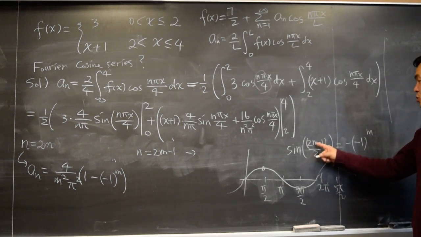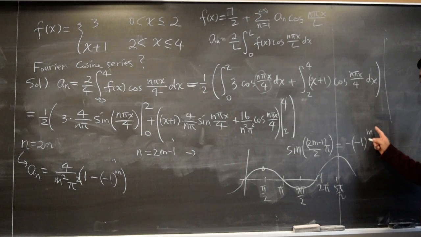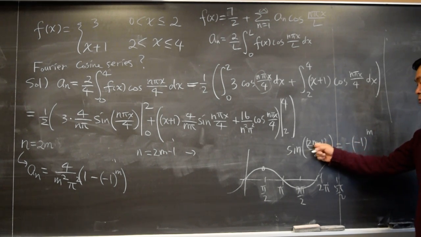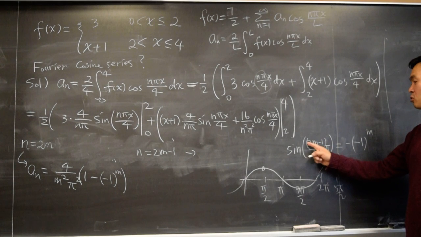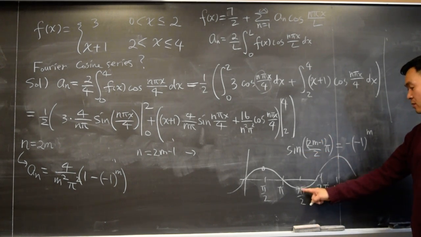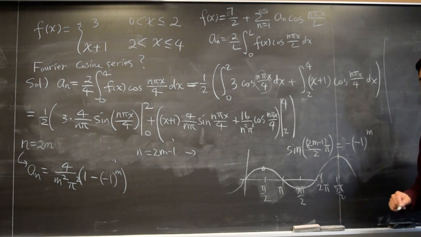If m is 2, this will be positive 1. Negative 1 squared is positive 1, so you have negative 1 for m equals 2. Let's see if that's true. 2 times 2 minus 1 is 3. 3 pi over 2. Sine 3 pi over 2, what's that? Negative 1, right? So it does work. You don't see it? If you follow, it does make sense.